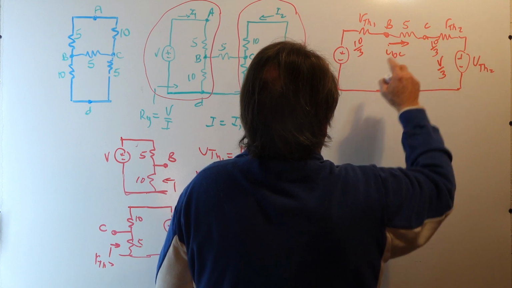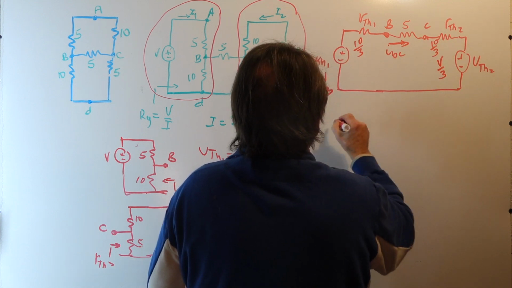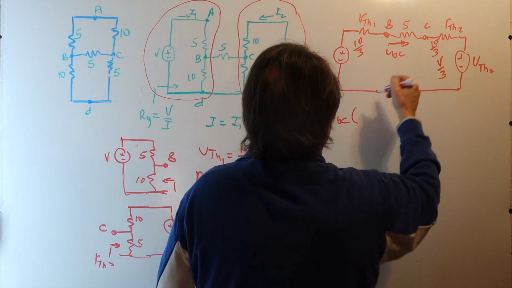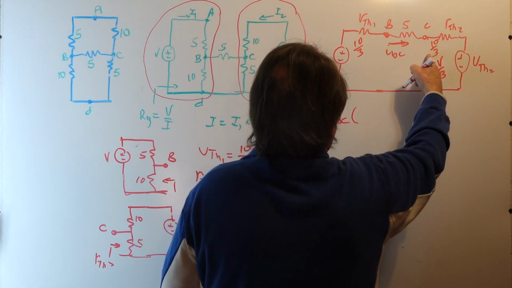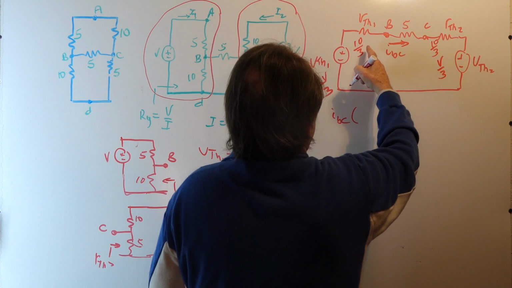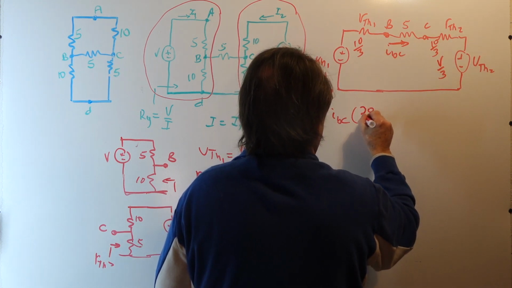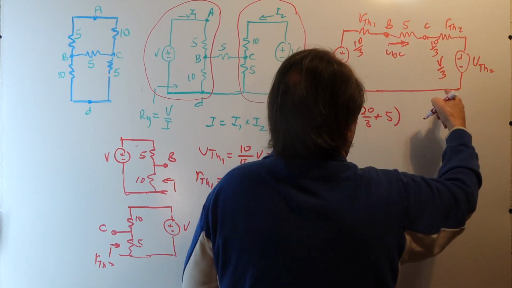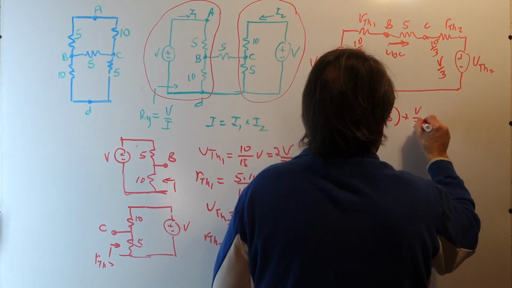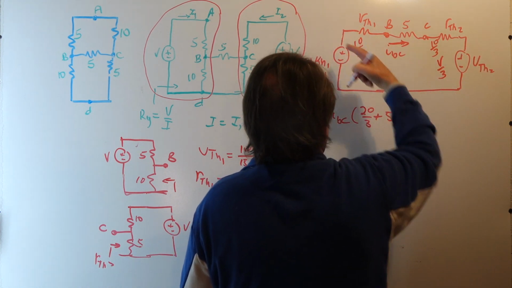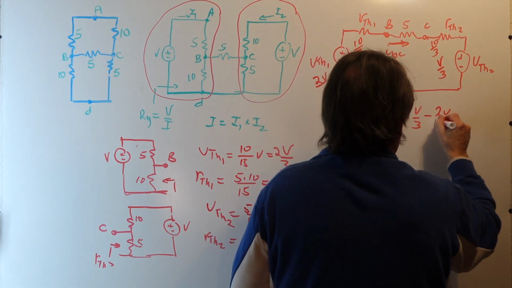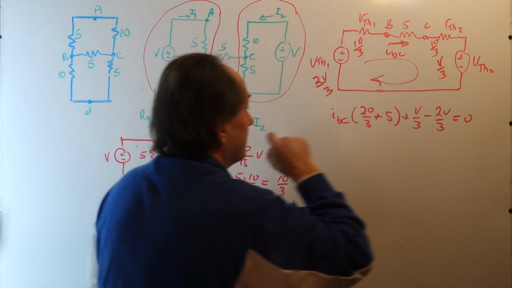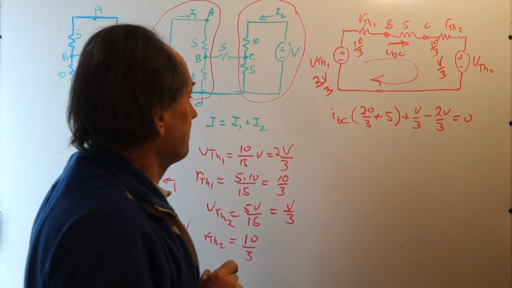So we have IBC times the sum of the resistances. We have 10 thirds plus 10 thirds plus 5. So we have 20 thirds plus 5, and then plus V over 3 and minus 2V over 3 is equal to 0. We're just writing Kirchhoff's voltage law around that loop.